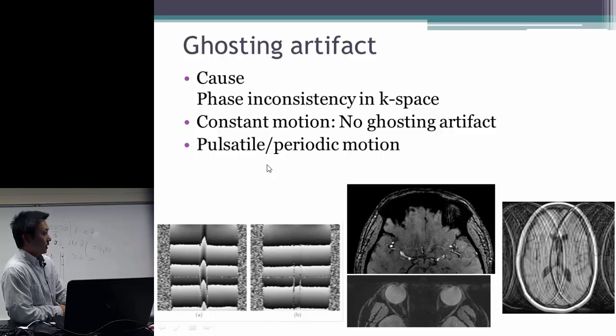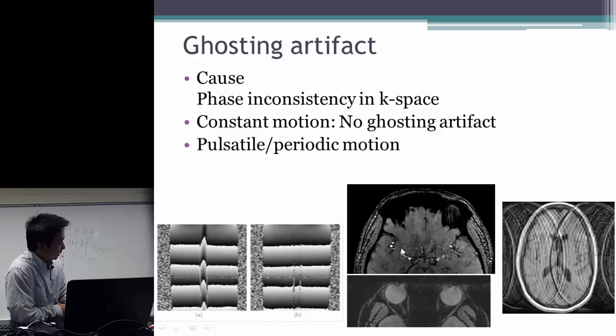So usually we see ghosting artifacts for periodic motion, such as the pulsatility within the vessels caused by the beating heart, or the respiration. We are breathing, so we have a periodic motion of the chest, and that will also create ghosting artifacts.